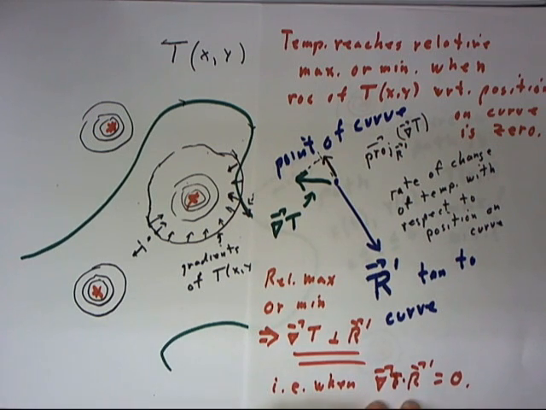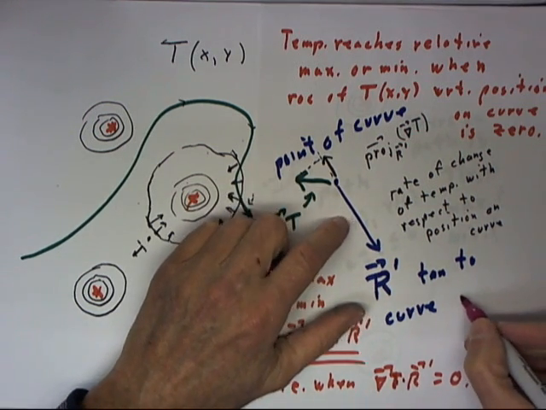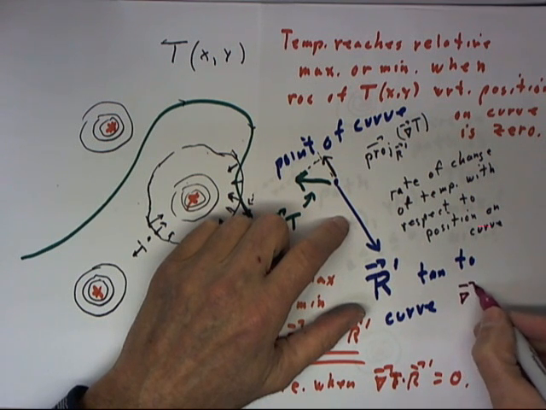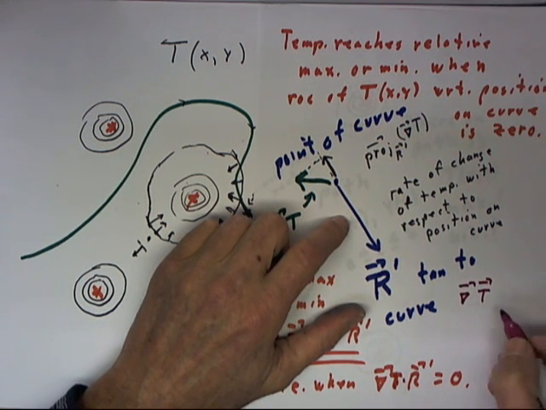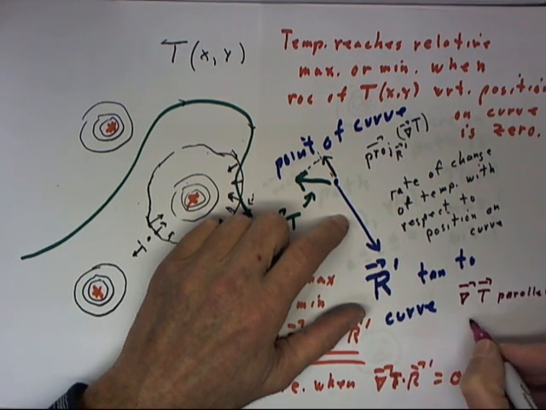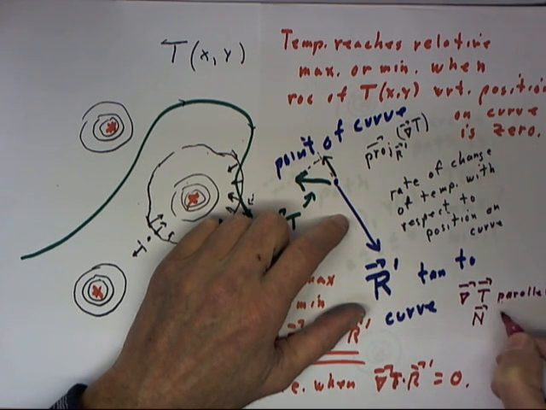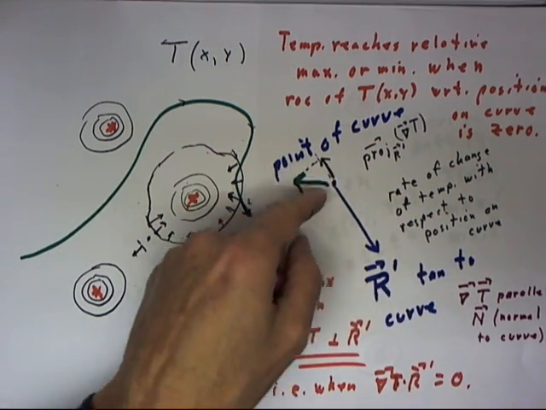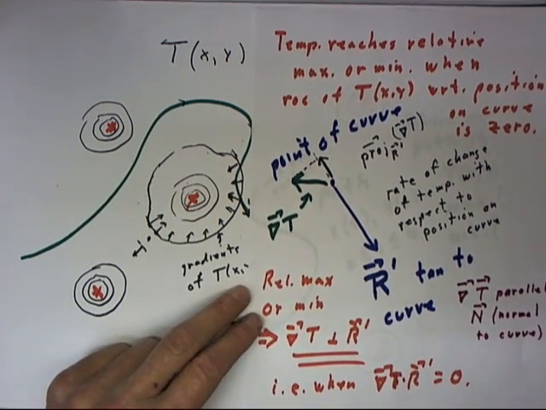And equivalent to this condition is that del T is parallel to the unit normal, any normal, being any vector perpendicular to the curve.